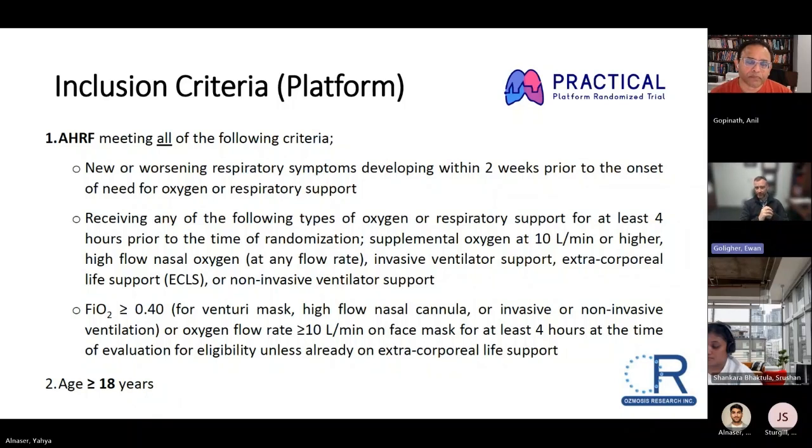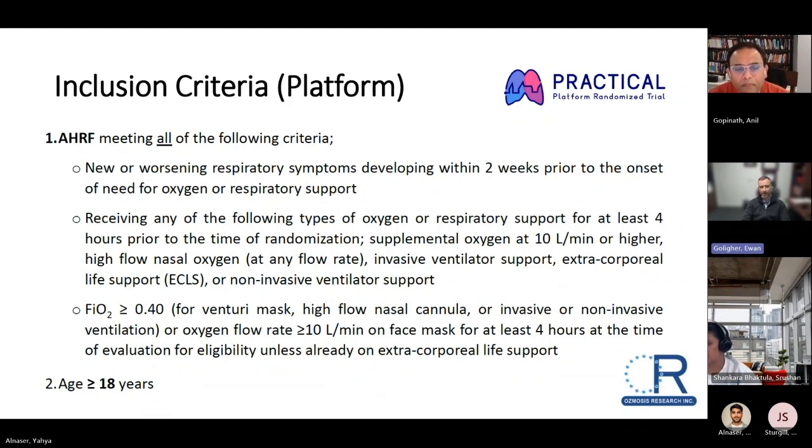That type of respiratory support can be any type of oxygen or respiratory support required for at least 4 hours. So supplemental oxygen at 10 liters per minute or higher, high flow nasal oxygen, non-invasive ventilation, invasive ventilation, extracorporeal life support. So we're looking at a range of severities, but we basically say a patient who requires any of these supports has hypoxemic respiratory failure.